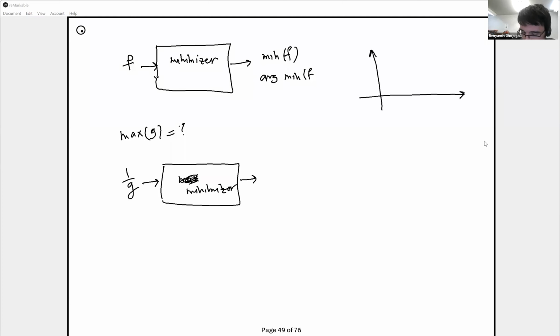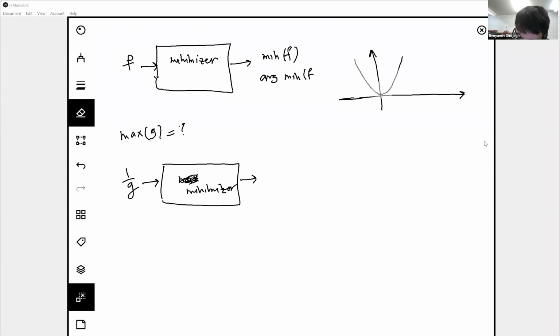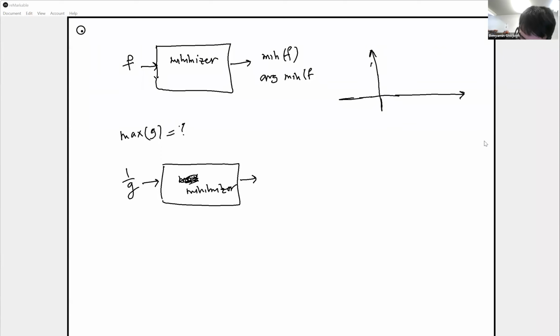For example, assume, yes, I think it's a good idea to write it in this way. Give me a second, I'm designing an example.